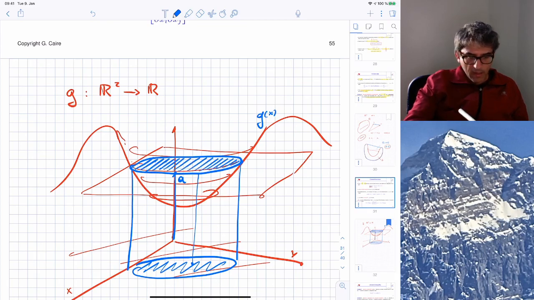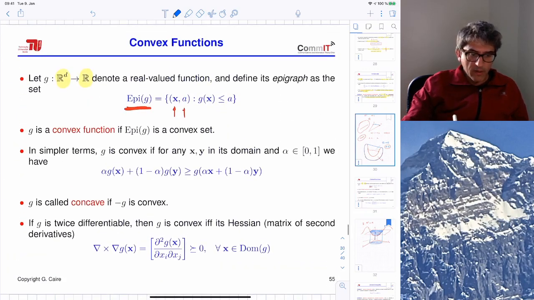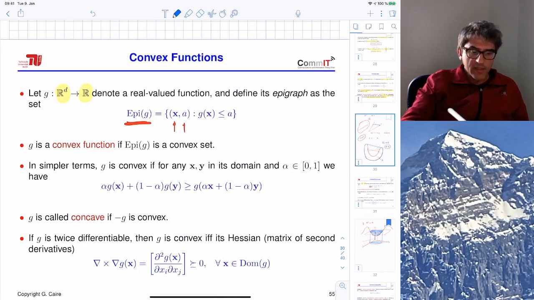And in fact, I get all the points below level a. So you see it from here. (x, a) for all the x's with g of x less than a.